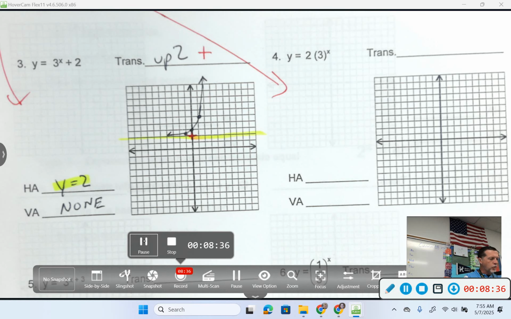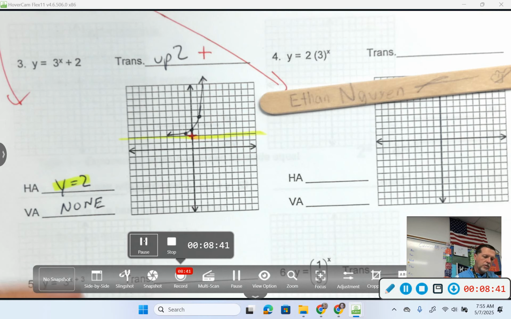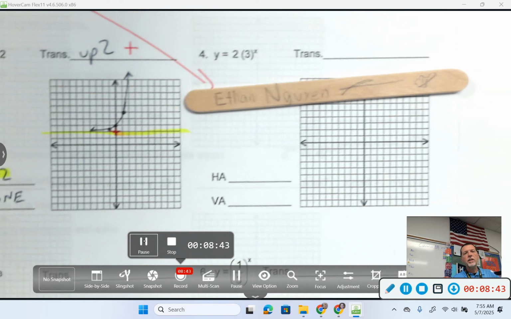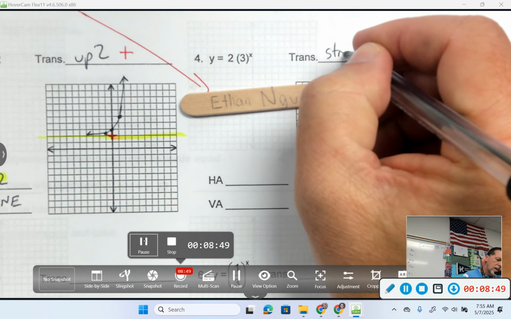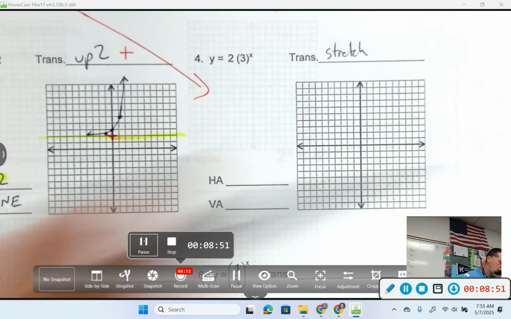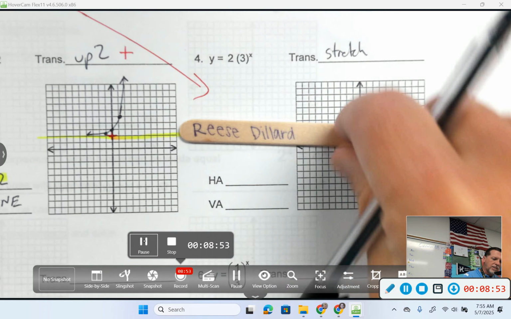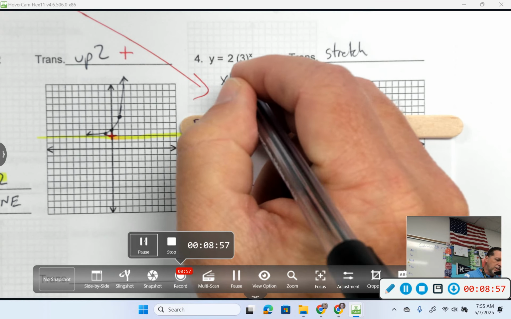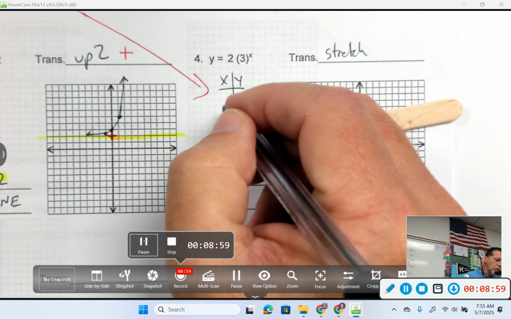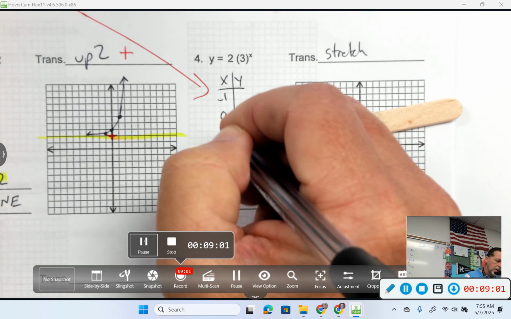All right, number 4. Again, same graph, different transformation. Ethan, what's that 2 out front do to a graph? Stretches it. Reese, that's right, but more specifically, how do I use the 2 in my table here?